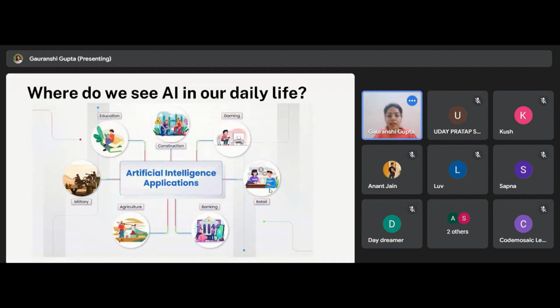Okay. Now, where do we see artificial intelligence in our daily life? This helps us identify artificial intelligence in a clearer way. So first, let's talk about construction. Over the past 3 to 5 years, we have seen the construction industry using artificial intelligence extensively in their day-to-day activities. Earlier, people used to spend a lot of time making decisions like what sort of material should we use and how much labor will be sufficient for constructing a particular building.